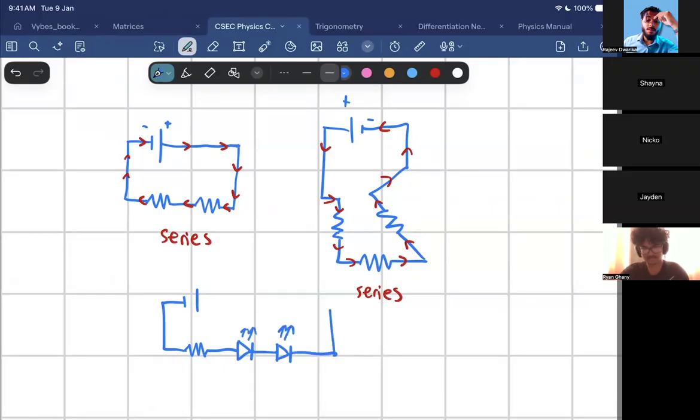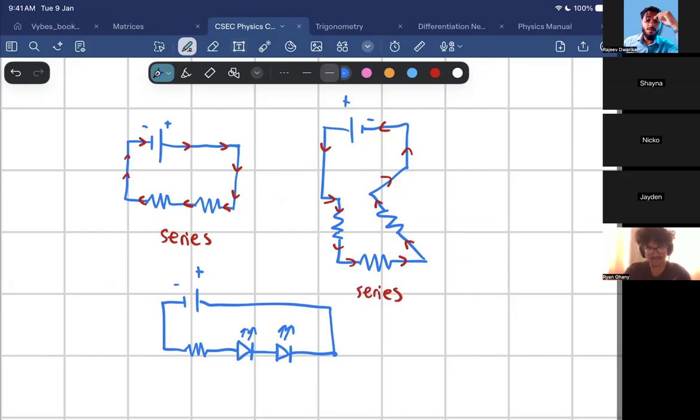Alright, I want you all to tell me if this is a series circuit or a parallel circuit. Series. Ryan, you agree that that's series? Why is that series?